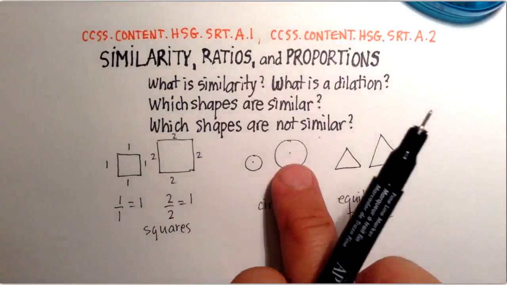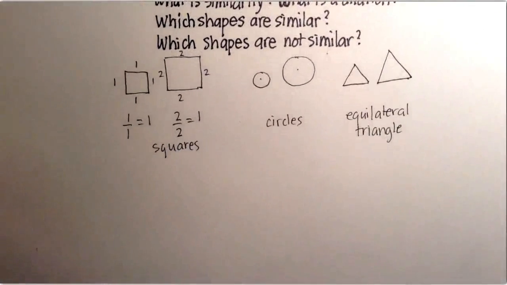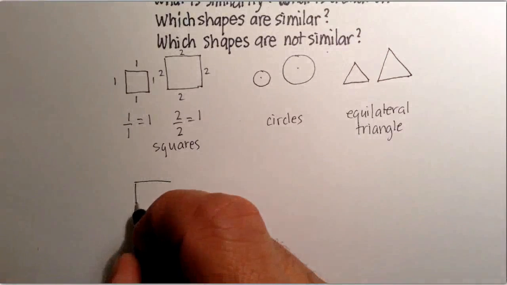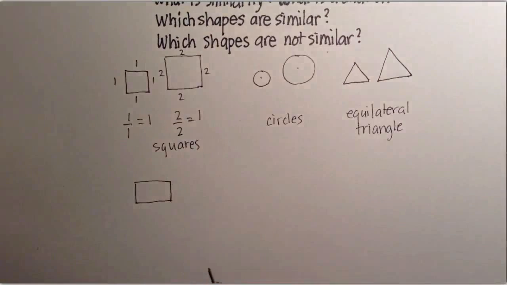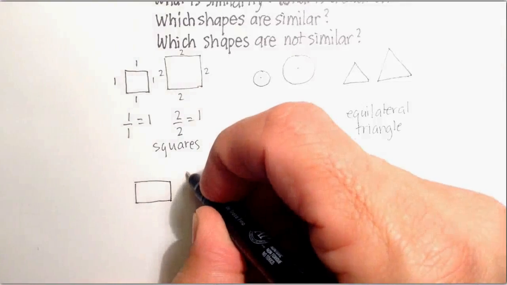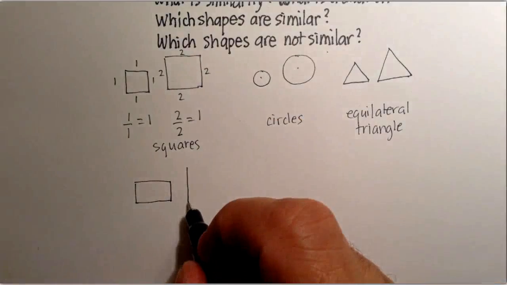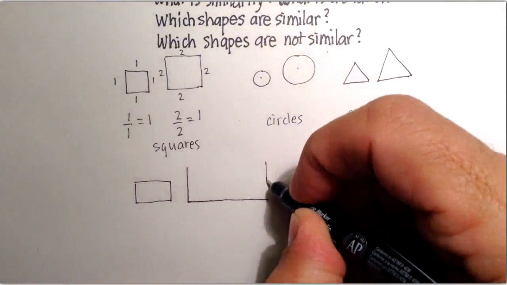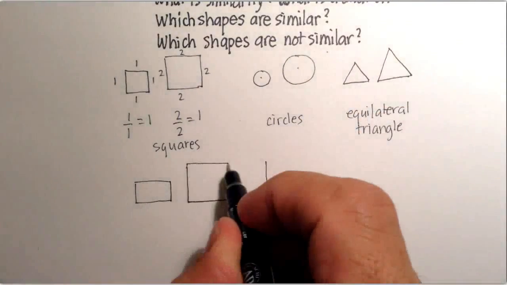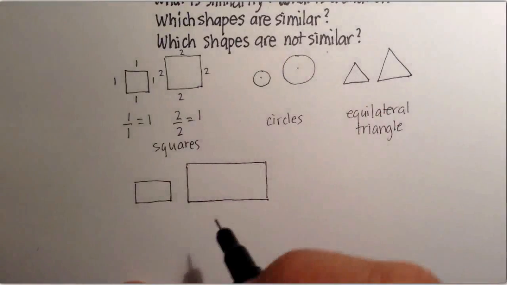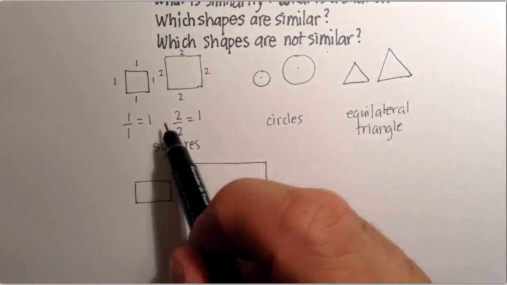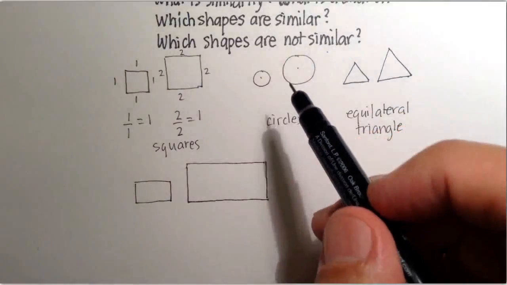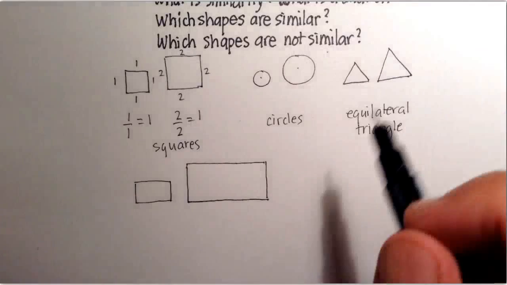Now, which shapes are not similar? Well, rectangles, for example, aren't necessarily similar. Let me give you an example. Remember the definition: the proportions of the sides have to remain the same.